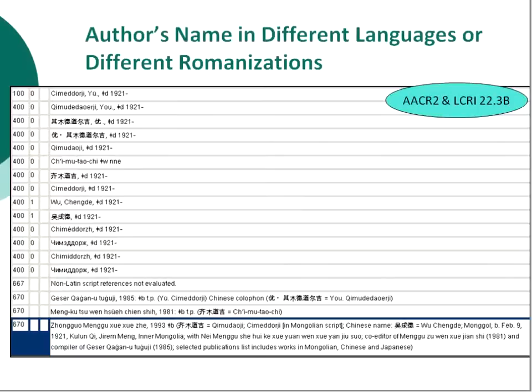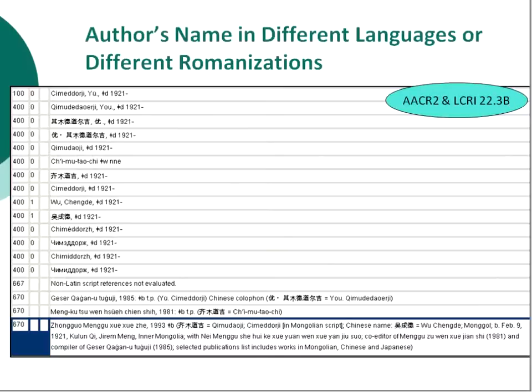Now, if the name of a person who has used more than one language appears in different language forms in his or her works, the rule calls for choosing the form corresponding to the language of most of the works. Okay, so similarly, if you have a name that's written in more than one non-Latin script, you romanize it according to the table for the original language of most of the works.